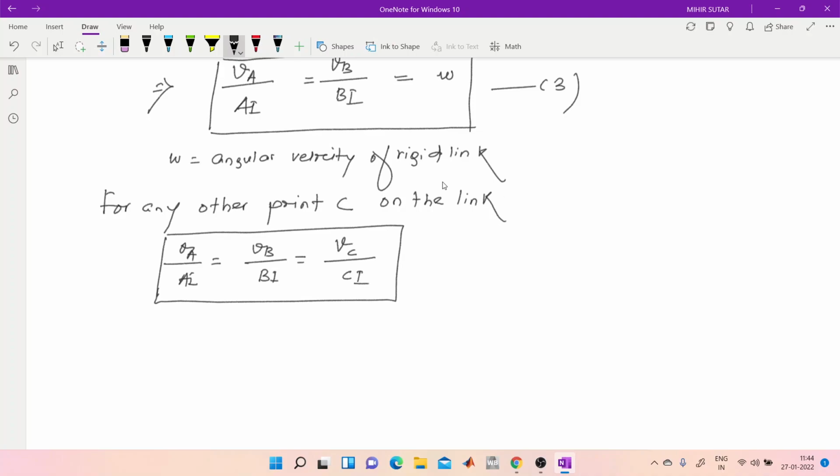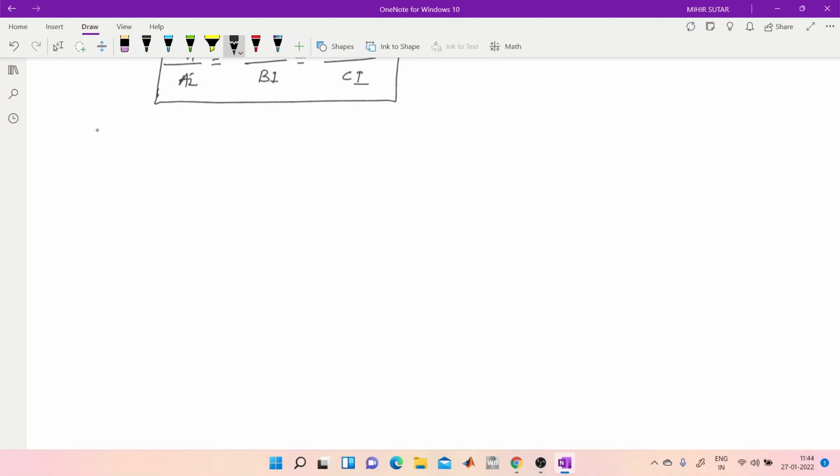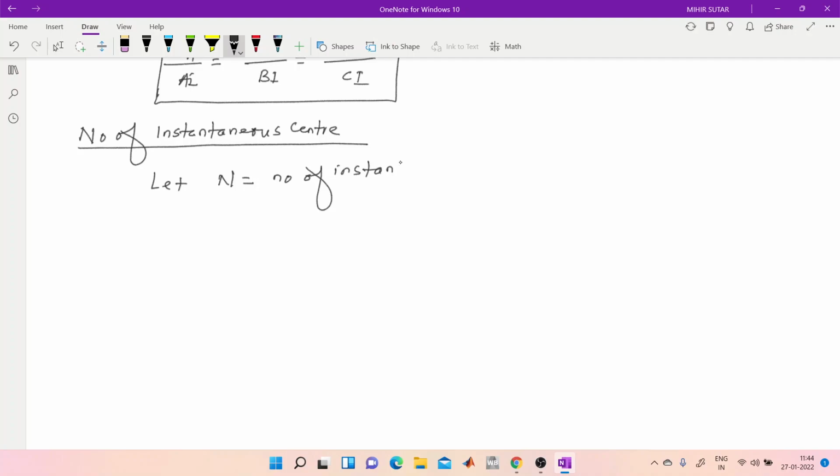Now, number of instantaneous centers. Let capital N be the number of instantaneous centers in a mechanism, and small n is the number of links.